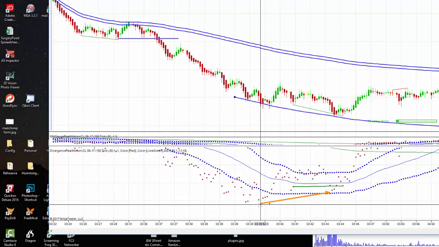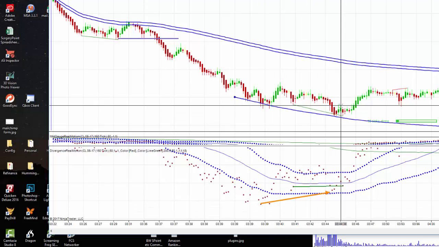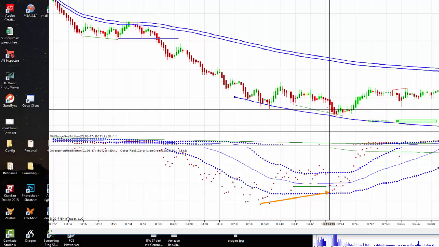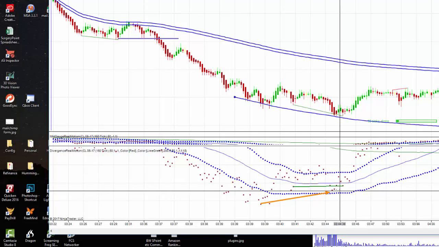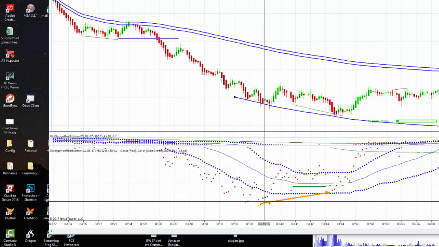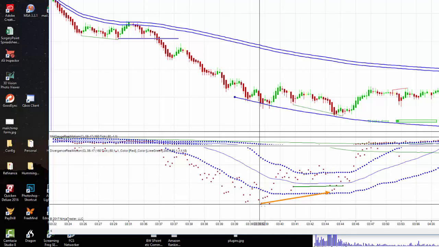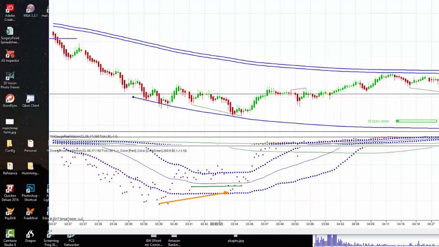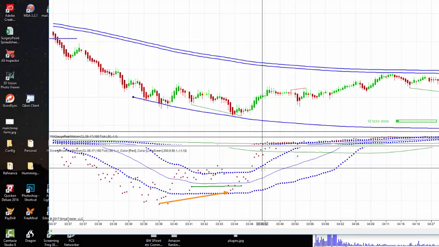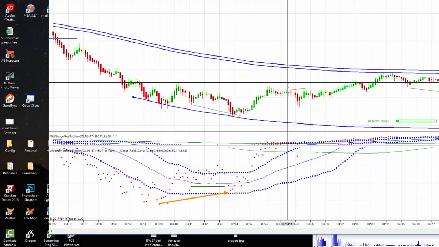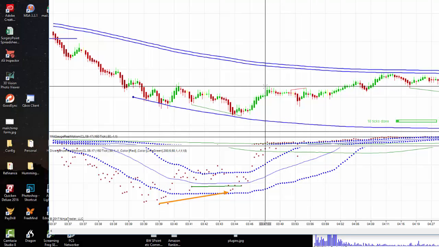So we have a low in real motion, and then a little while later we break into new low territory, but we do not have a pivot point that is lower than this low. And right now we're getting divergences that are kind of like below.